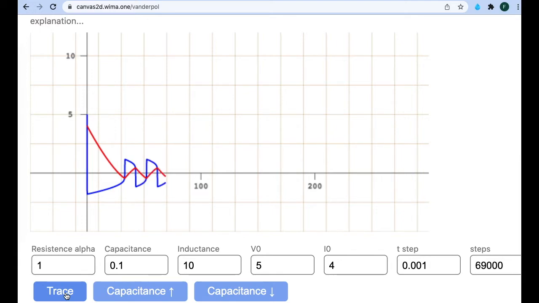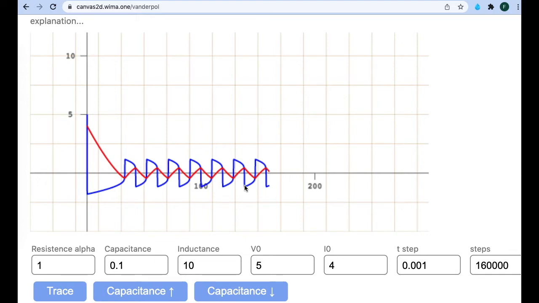It looks like the system is indeed oscillating. The current red line is continuous, but the blue line, which is the voltage, has these vertical lines. It doesn't take much time for the voltage to jump from one value to the other. It could jump from a lower value to a higher value, or from a higher value to a lower value.